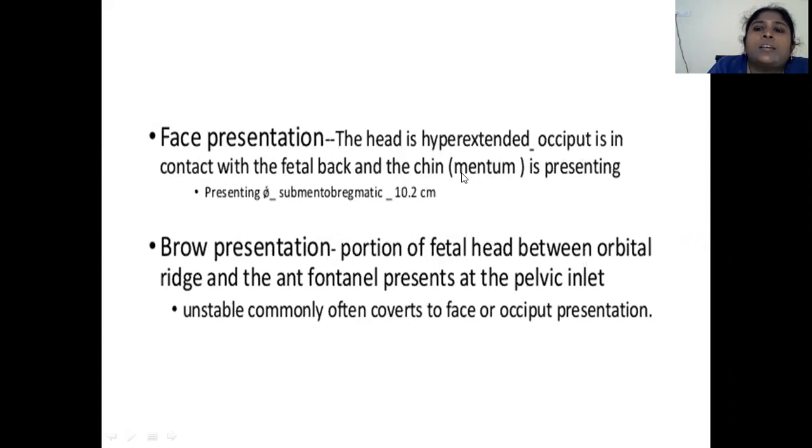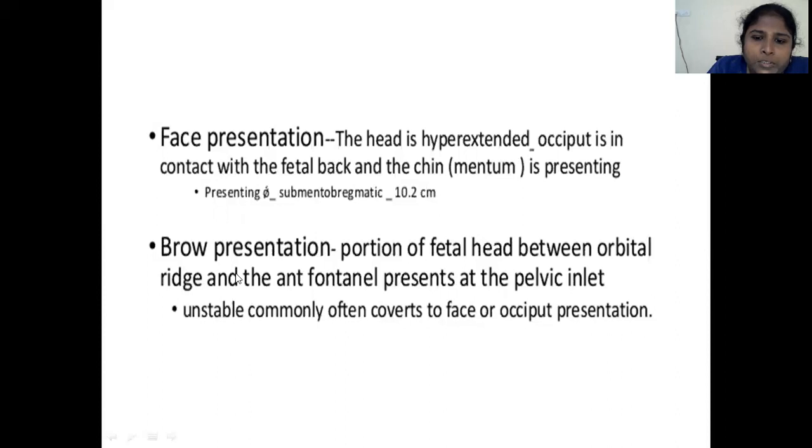The occiput is in contact with the back and the chin becomes the presenting part. In a vertex presentation, the presenting diameter is suboccipitobregmatic, whereas in face presentation, the presenting diameter is submentobregmatic. That is from below the chin to the anterior fontanelle. It is 10.2.